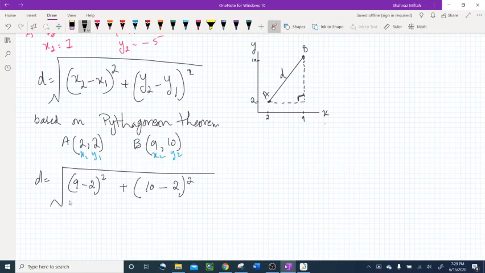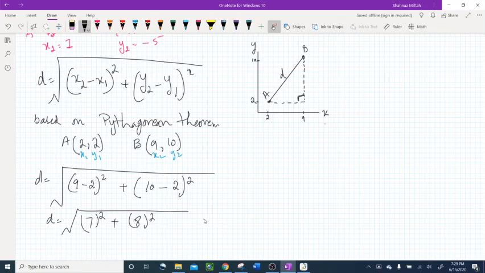Okay, let's solve this. First of all, we have to work inside the parentheses. So d is equal to, again keeping my square root, 9 subtract 2 is 7, so I got 7 squared. 10 subtract 2 is going to give me 8 squared.